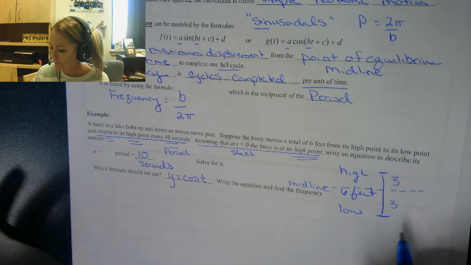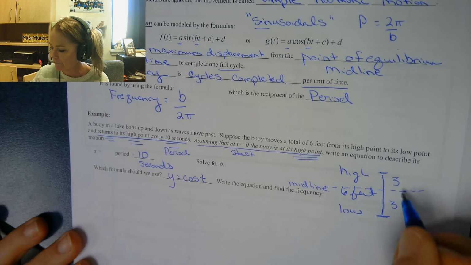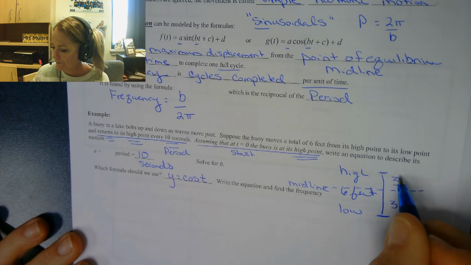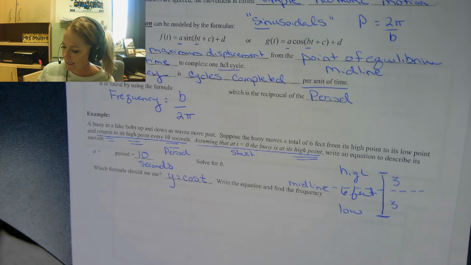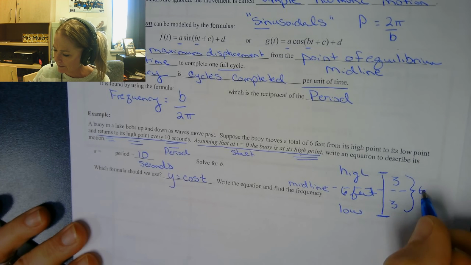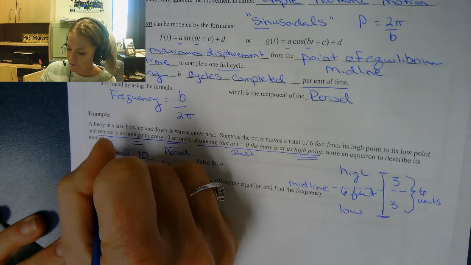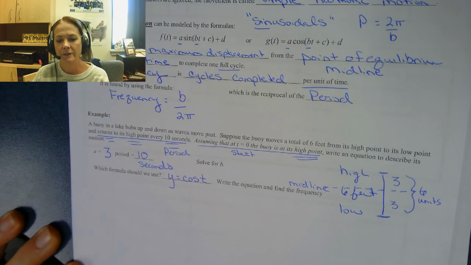I don't know if that's 4 and 10 or whatever, but it's going to be a 3 and a 3 on either side of this midline, a distance of 6, regardless of the values of those. Okay, so that means the amplitude is 3.